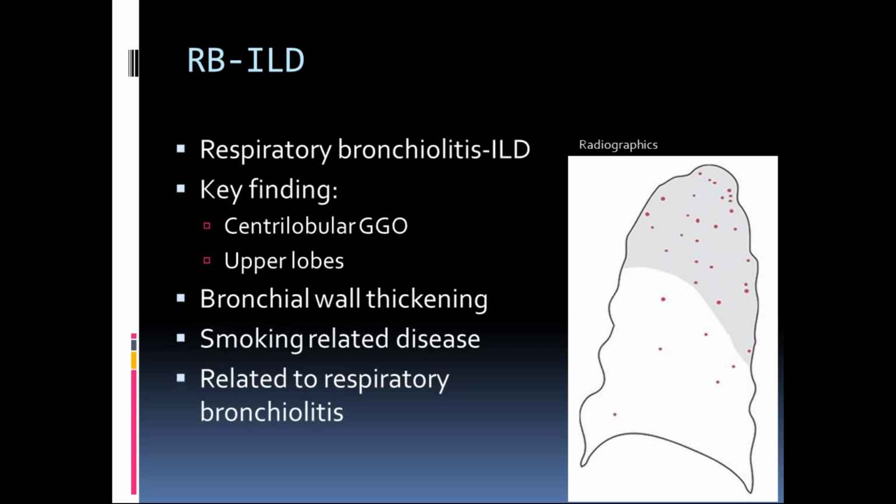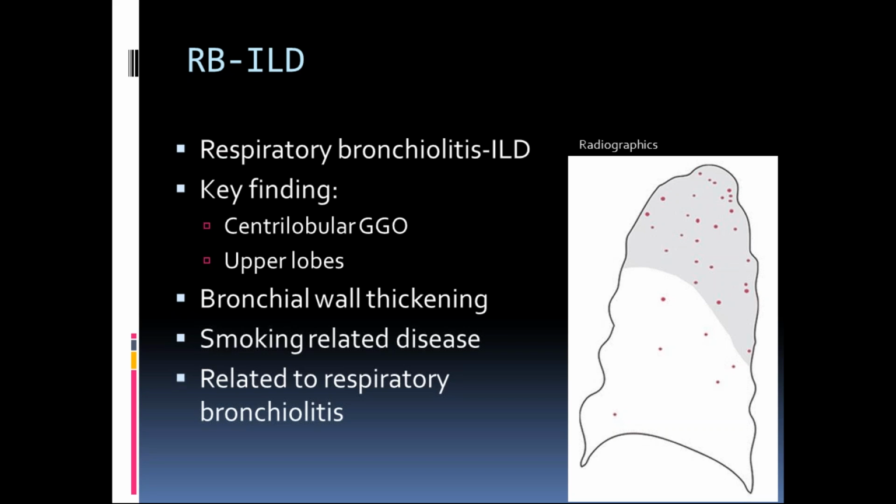So they do have the respiratory bronchiolitis, I mean, not bronchiectasis, because of the constant influx of inflammatory things coming into the lungs because of the smoking. It's not until they actually have clinical findings or abnormal PFTs that we start labeling them with respiratory bronchiolitis interstitial lung disease.